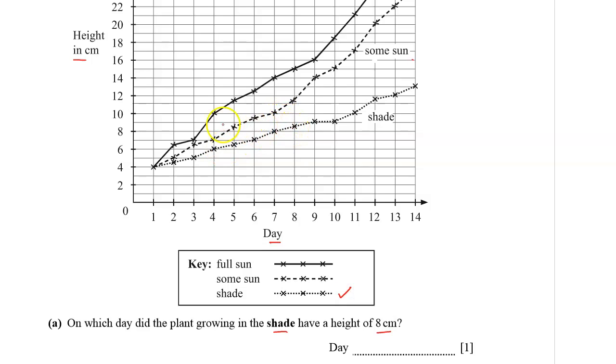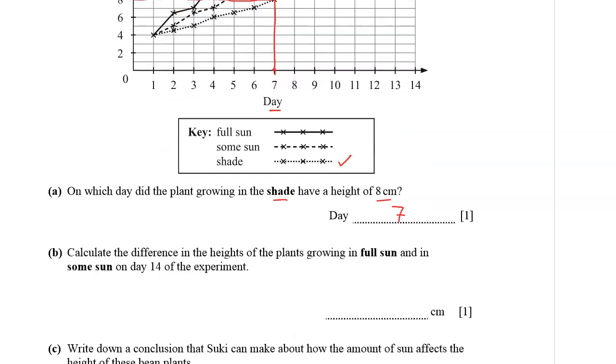So you come to the height of 8 right there. Then you draw a line all the way until you touch the graph of the shade. So that is day 7. Day 7 is the correct answer. So on day 7, the plant reached 8 centimeters.